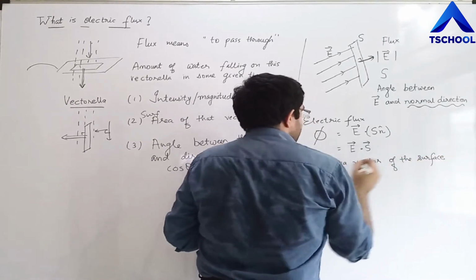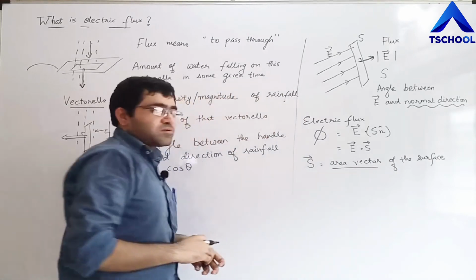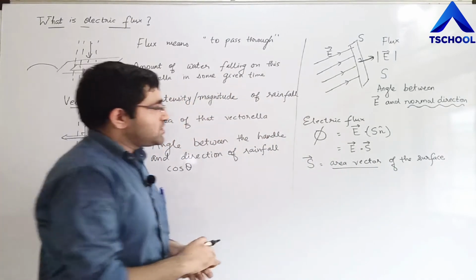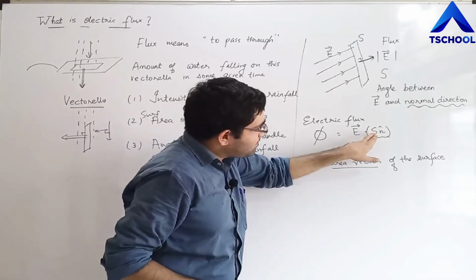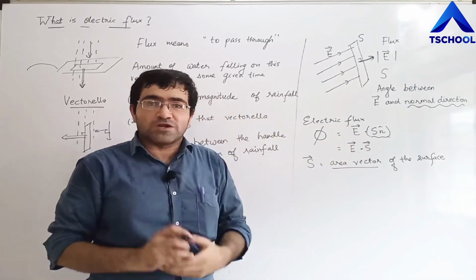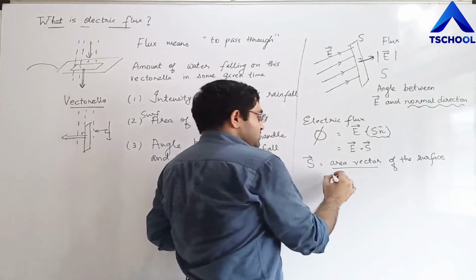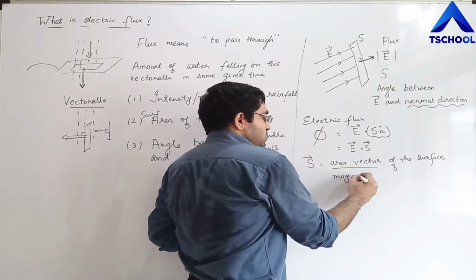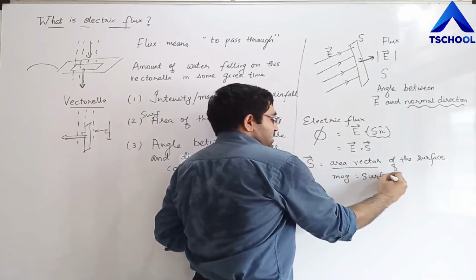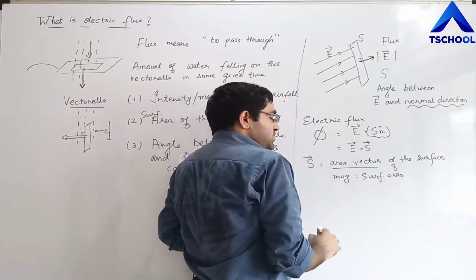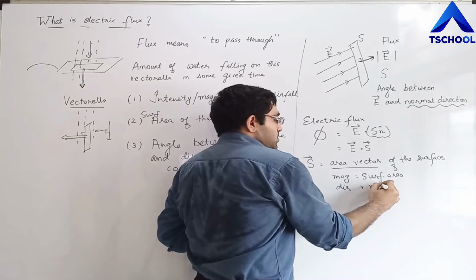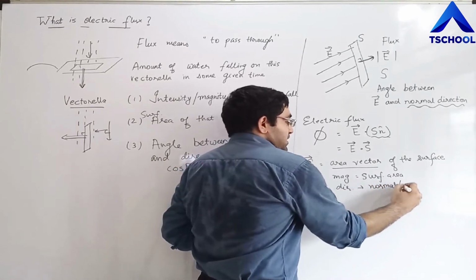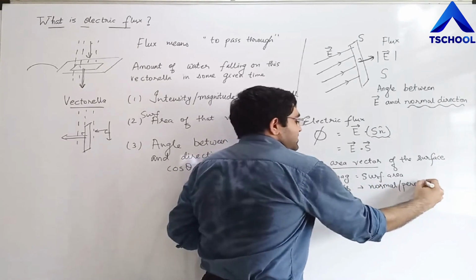So what we are doing is defining something called the area vector. So what is an area vector? Area vector is a vector whose magnitude is S, that is the surface area, all right? And what about its direction? Well, its direction is normal, that is perpendicular, to that surface.